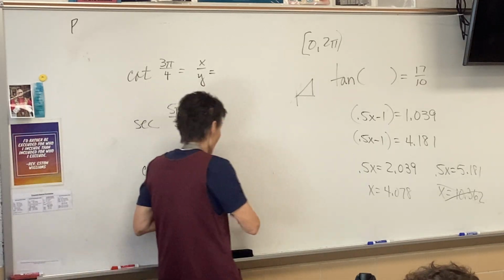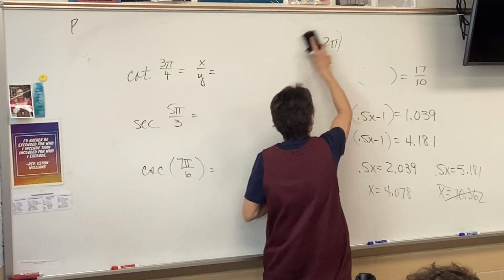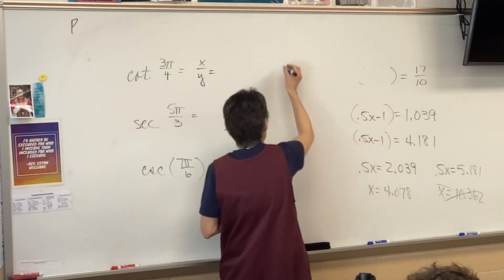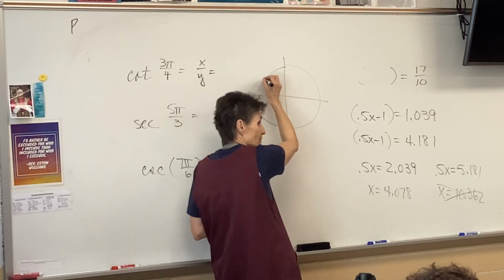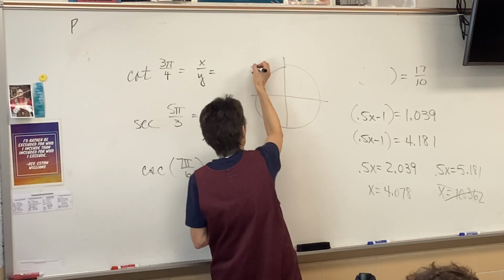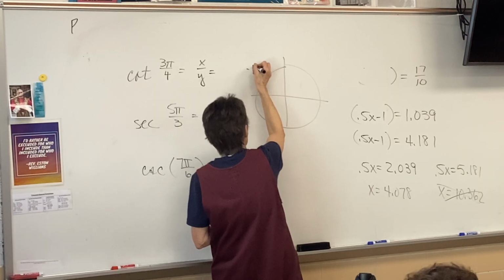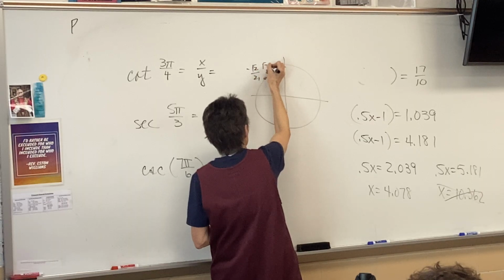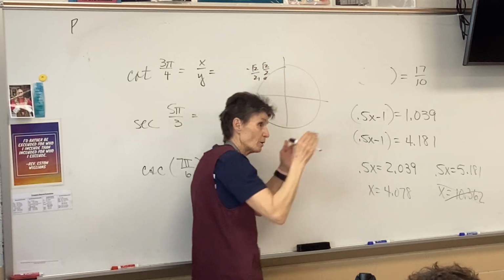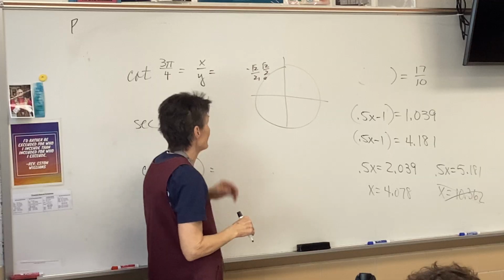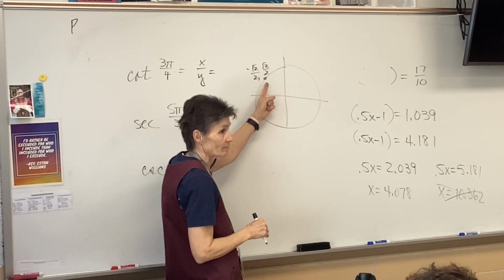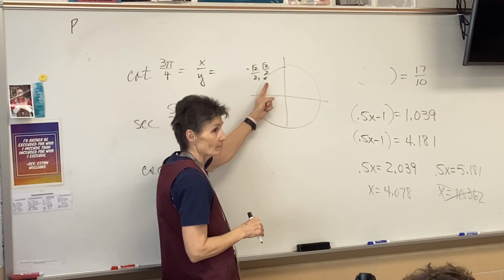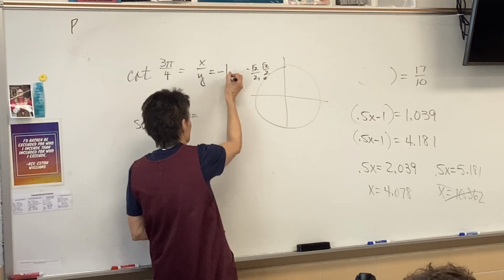So, we're thinking at 3 pi over 4, slow down your brain, which is right here, the ordered pair is negative root 2 over 2, positive root 2 over 2, or 1 over root 2 if that's the way you write it. So what happens when I put this one over this one? You get -1. Yes, and that is the answer to the question.